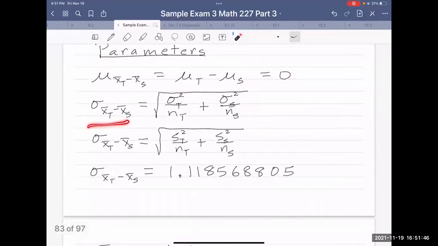The standard deviation for the sampling distribution of the difference of these two sample means is the square root of the variance for treatment, which we don't know, but we'll approximate it by the sample variance for the treatment over the sample size for treatment, plus the population variance for the sham, which again we don't know, we'll approximate it by the sample variance for sham divided by the sample size for the sham.